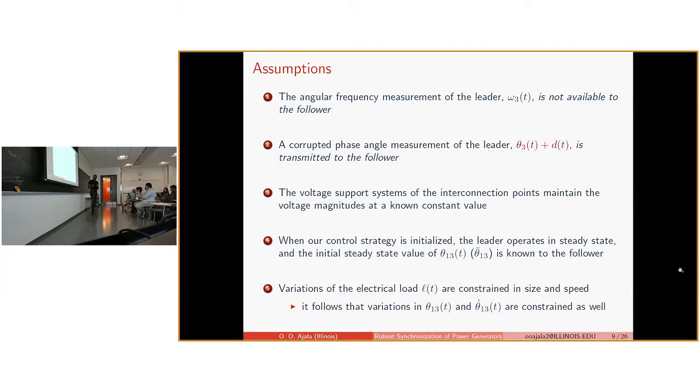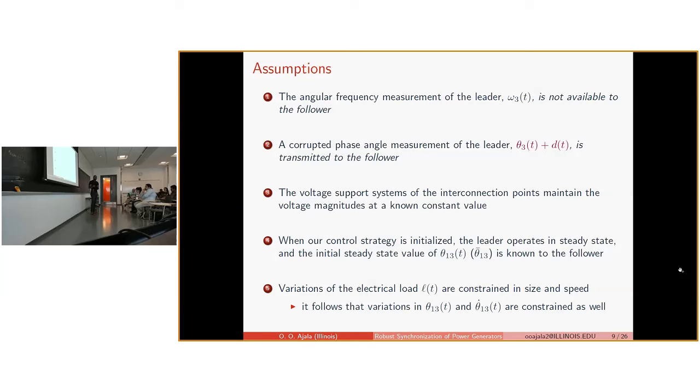The voltage support systems of the interconnection points maintain the voltage magnitude at a known constant value. And when our control strategy is initialized, the system operates in steady state. And the initial steady state value of the angles at the bus and at the first generator is known to the follower. So right here, this is the difference, and this is the steady state value.